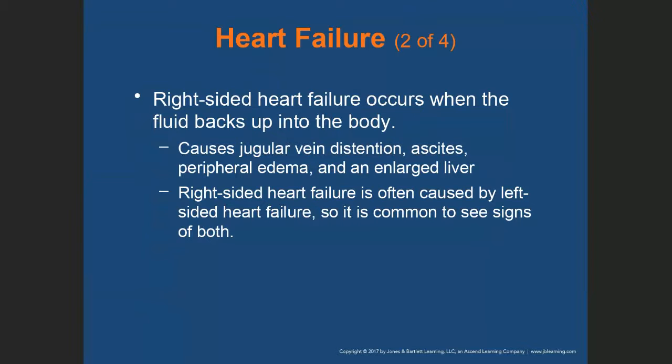Right-sided heart failure occurs when fluid backs up in the body, and this will lead to jugular vein distension, fluid in the abdominal region, peripheral edema, and an enlarged liver. Right-sided heart failure is often caused by left-sided heart failure. So it is common to see signs of both.